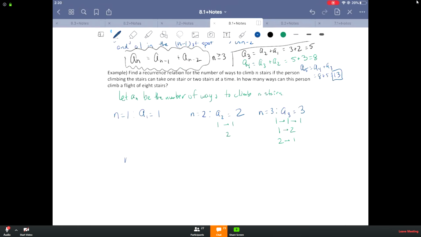Think about and try the 4th step. So if you have 4 steps, how many ways can you do that? Now, if you see the pattern already, you can easily come up with it. Think about why it is that pattern.